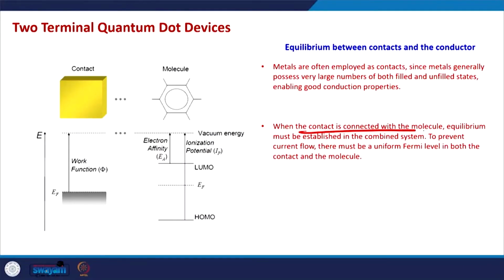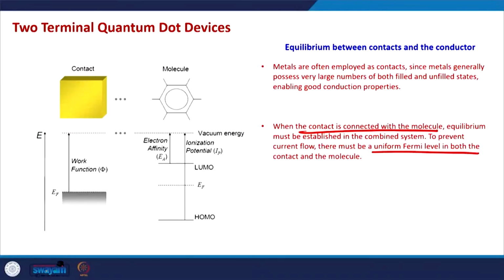When we put a quantum dot in touch with a metal, in equilibrium what happens is, when a metal is connected to the molecule, first of all equilibrium should establish. Equilibrium means very soon electrons will rearrange themselves across this metal and quantum dot in such a way that there is no net current in the system, which means that the Fermi levels of both the systems are aligned to each other.